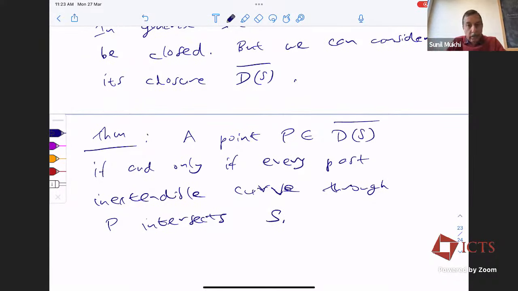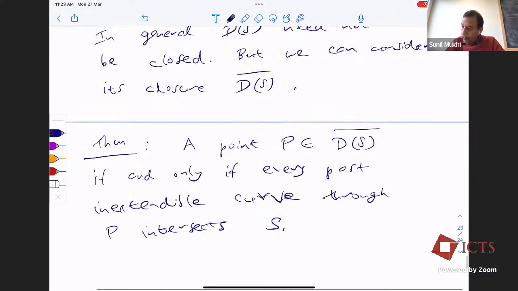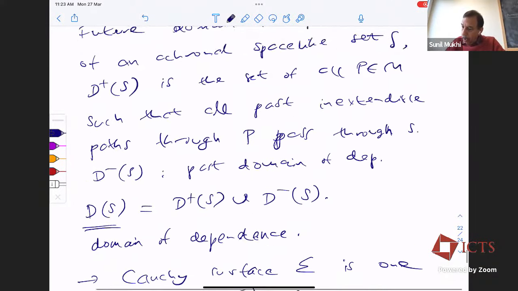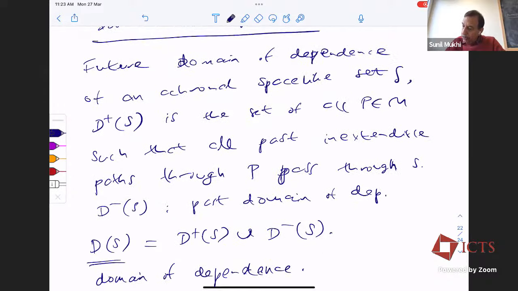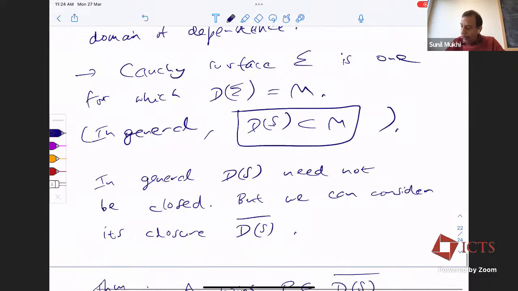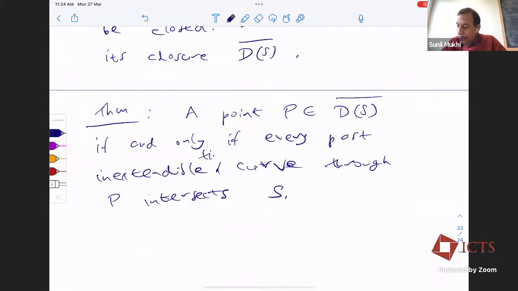What is the content of this theorem? Sorry, there's one word I missed: time-like. If I didn't say time-like, of course, that would be just the definition of domain of dependence. The statement is that if I take the closure, that means I take the domain of dependence and add everything that's on the boundary of it roughly, then I'm in D of S bar.